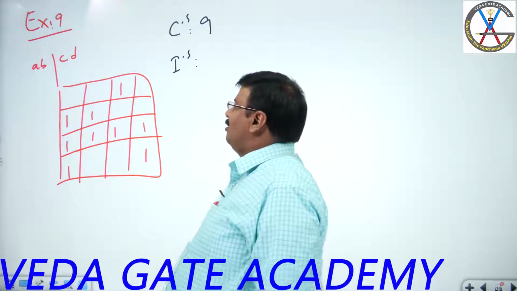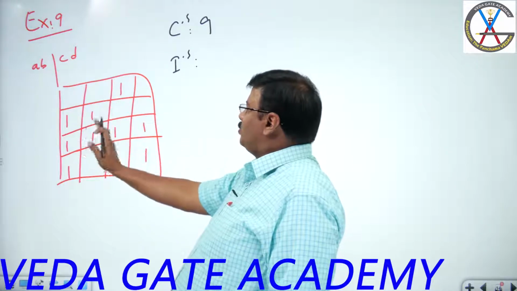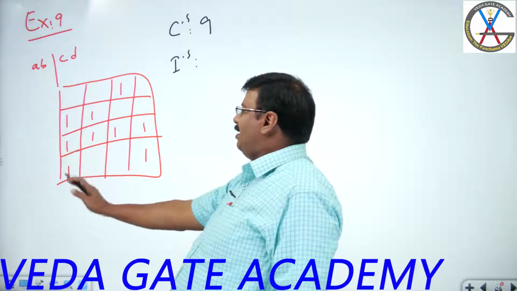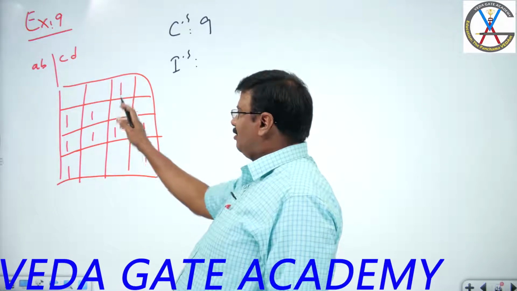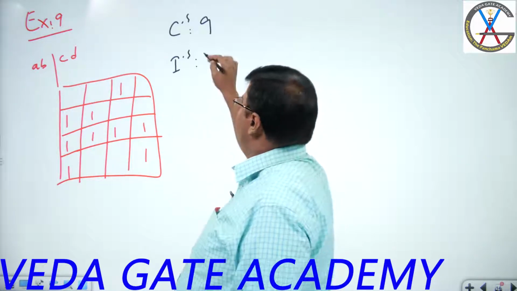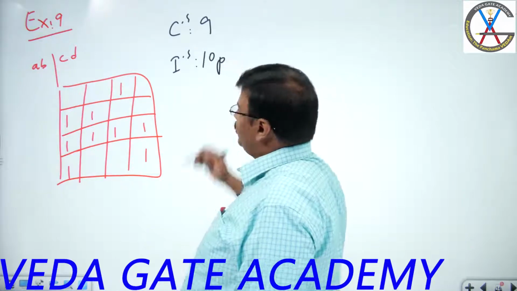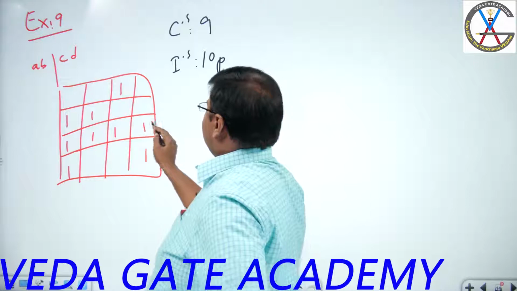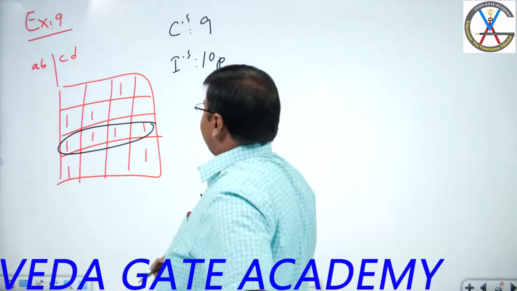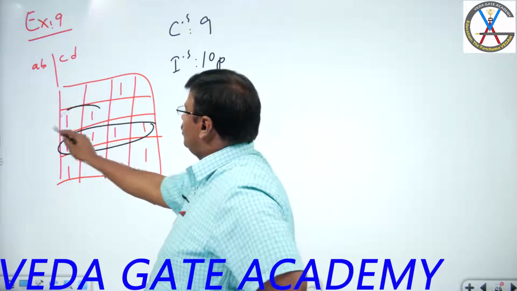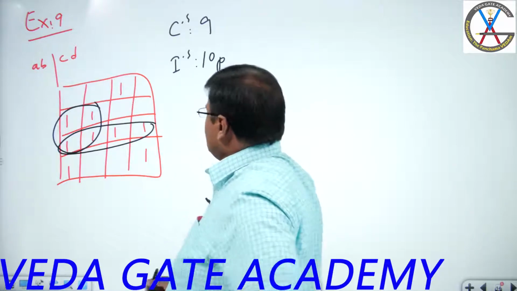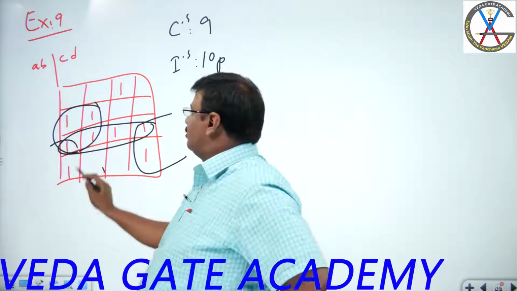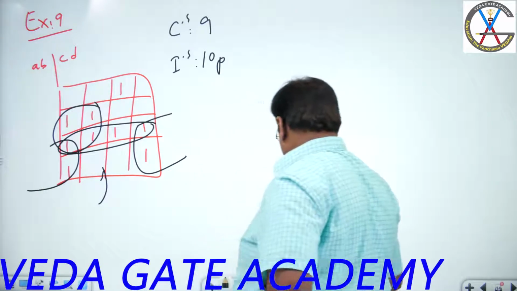Check once again. Here no one. 1, 2, 3, 4, 5 and 6 vertical. 7, 8, 9. Here no one. 10. So 10 pairs. Do we have any quads? Yes. We have 2 quads. 3 quads in fact. Also this. Yes, 3 quads.